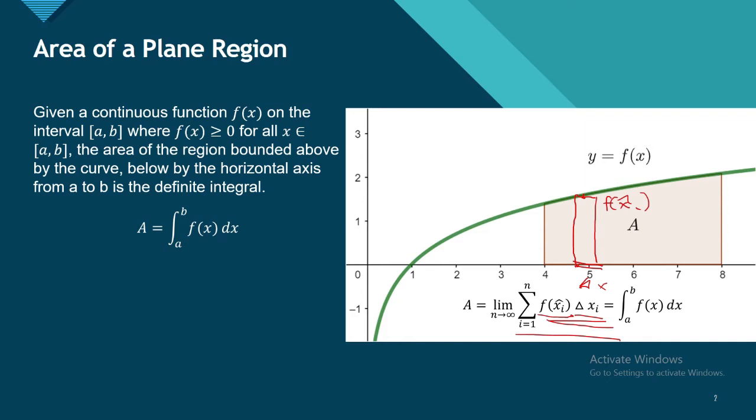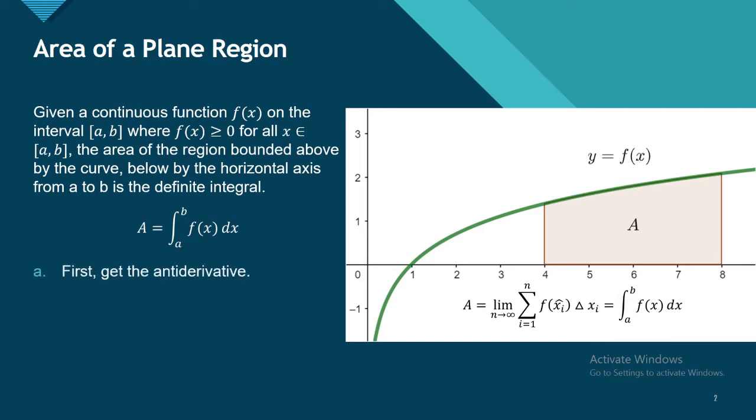So when we take the sum, this is the sum of all the areas of the rectangles inside your partition. The limit of that as n approaches infinity will approach the area of that plane region. If that limit exists, that is what we call the integral of f of x dx from a to b. You can look at the integral sign as a kind of summation symbol.